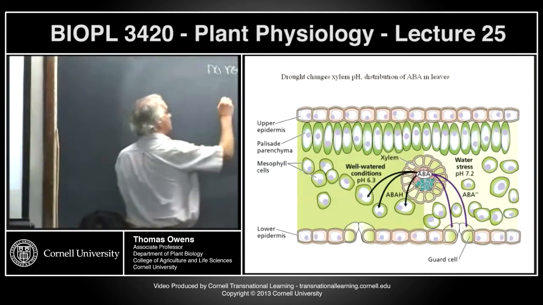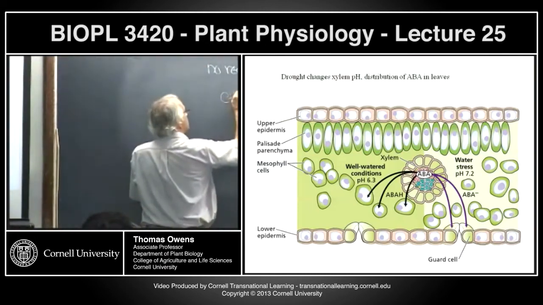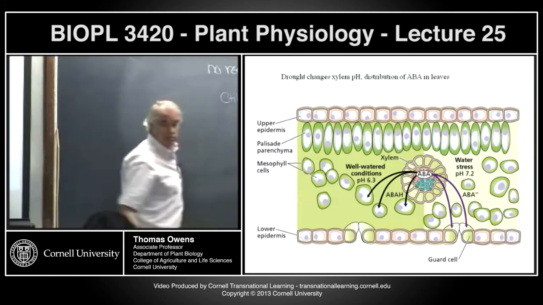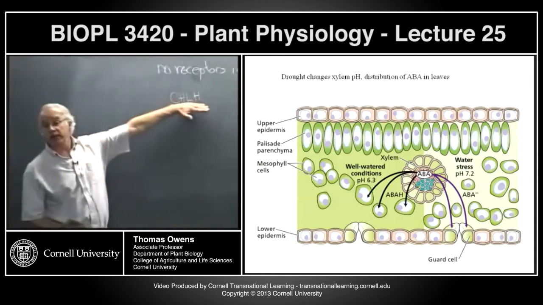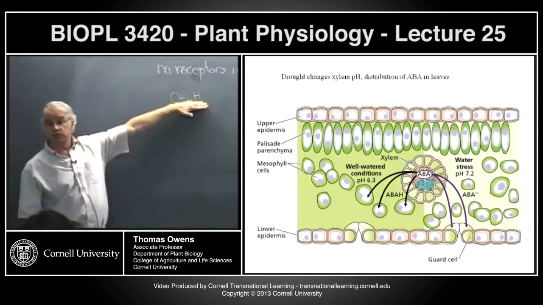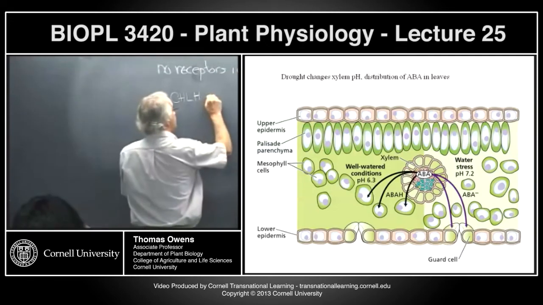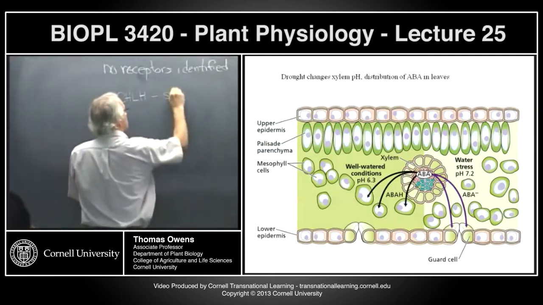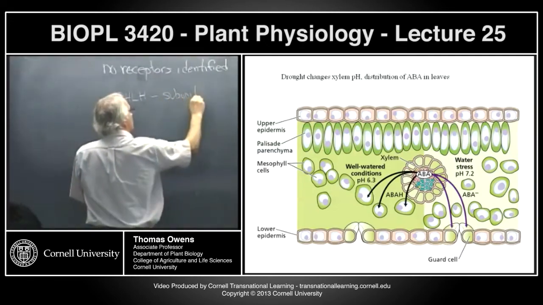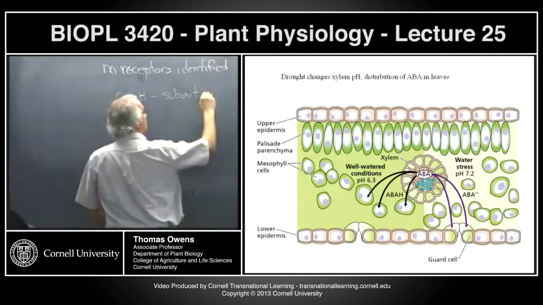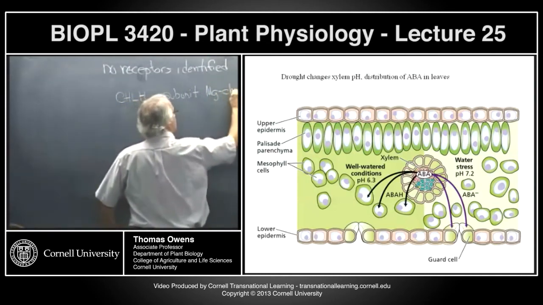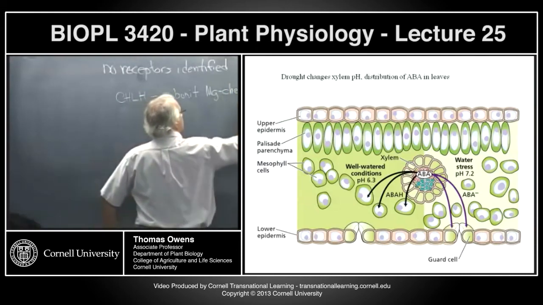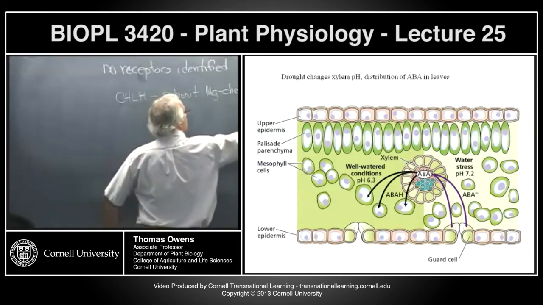One of them is the possibility that the CHLH protein plays a role in ABA signaling. So first of all, what is this protein? This is a subunit of a rather large protein complex that's involved in magnesium chelation, the magnesium chelatase.